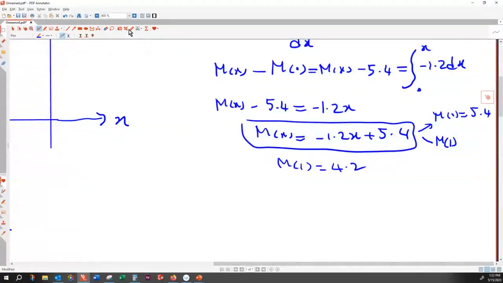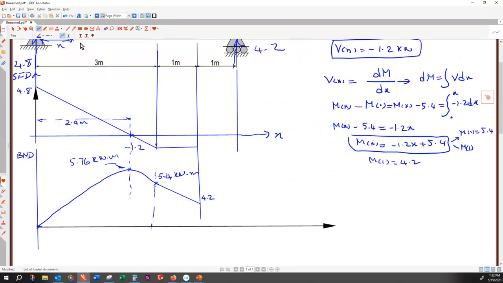And the last zone, let's solve this for the last zone. The last zone is zone number 3.